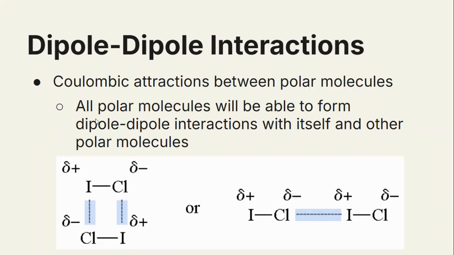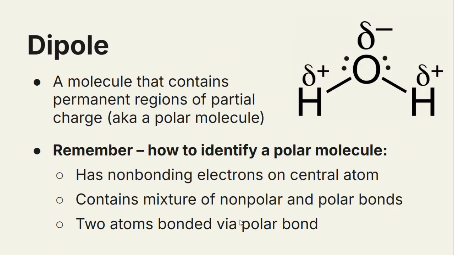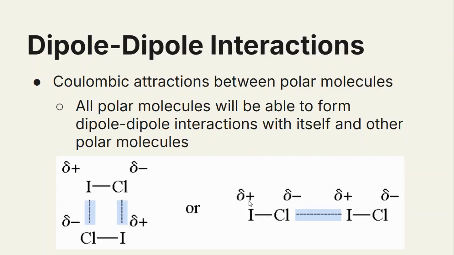For instance, this partial positive here is not as strong because the iodine has electrons on this side of the atom, whereas with something like water, the one electron that hydrogen has is going into this bond, so there's nothing over here. So the partial positive charge that forms here is going to be stronger because there are no negatively charged electrons there, versus here there are some, so it lowers the positive charge.